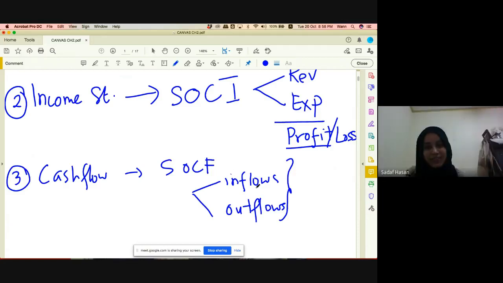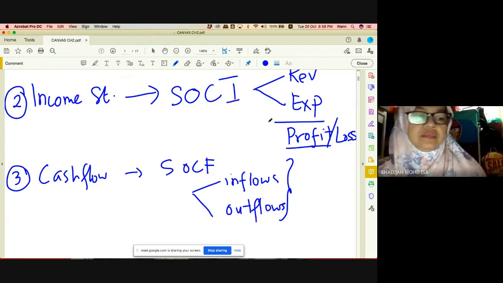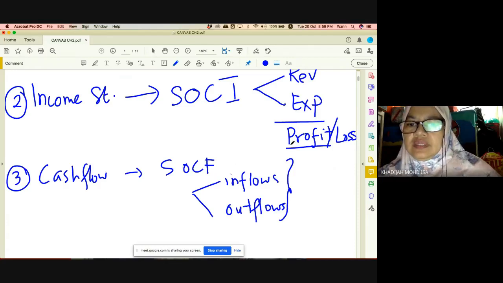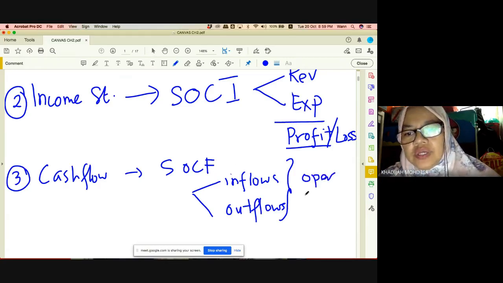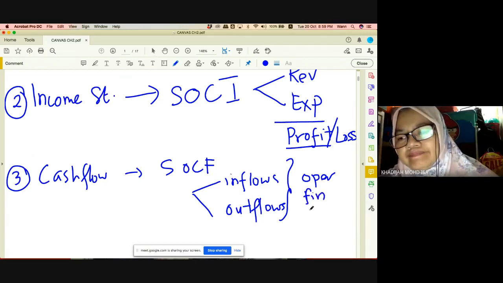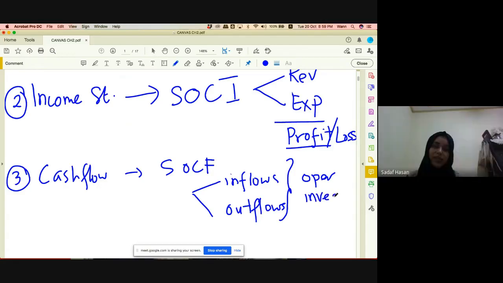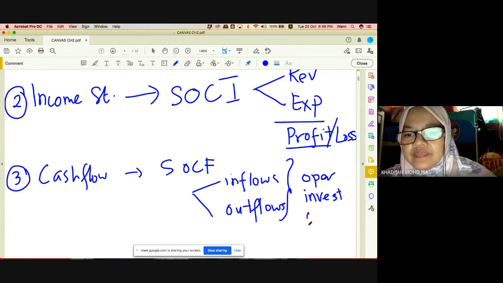Hold on. Okay, this one you have later. You'll see that you're going to have operating, financing, and investing. I think it should be investing first, then financing.